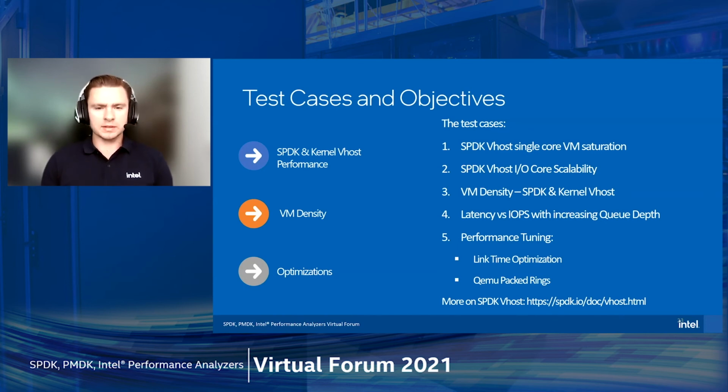Third test case is what we call a VM density test, where we run SPDK and kernel vhost with a limited number of CPU resources and attach a large number of VMs to it to see if vhost will be able to process desired levels of IOPS.